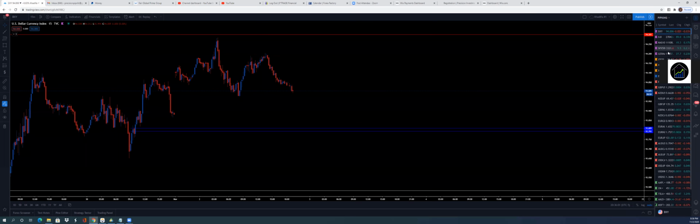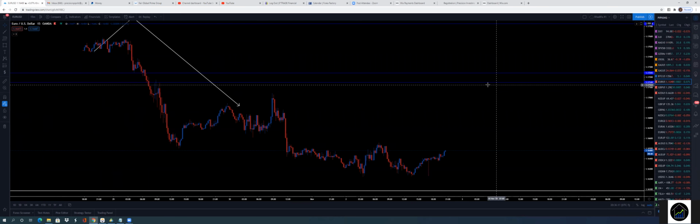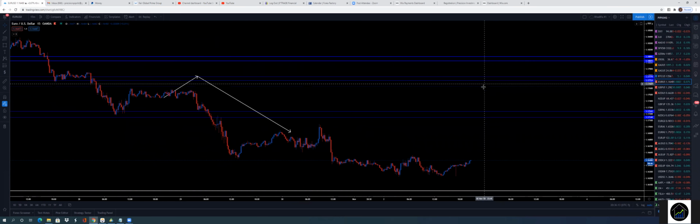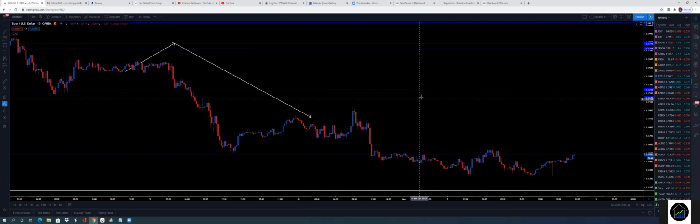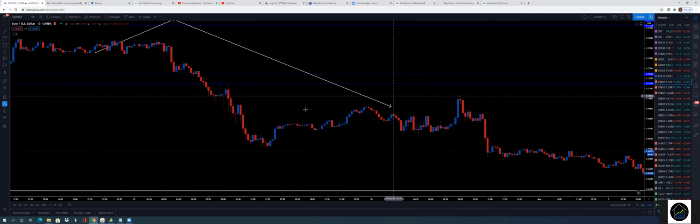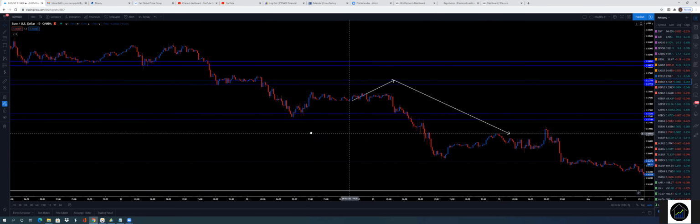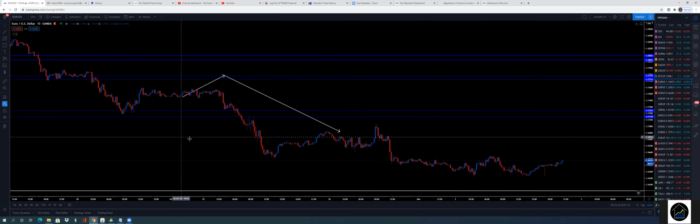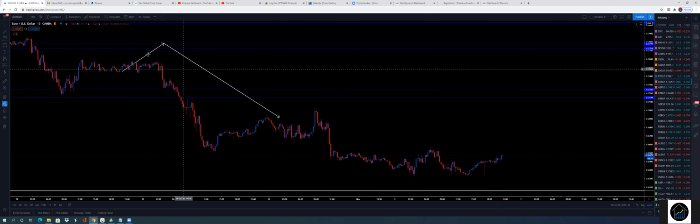So go back and look at our currency pairs for last week. We know that if we were expecting the dollar to be bullish last week, then we was looking for our currency pairs to be bearish because they move in the opposite direction of the dollar.